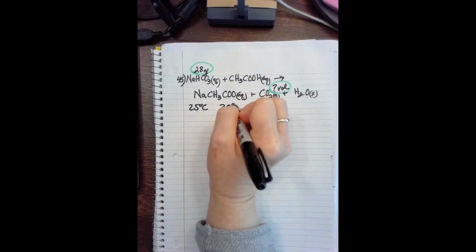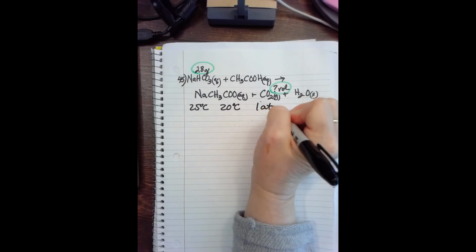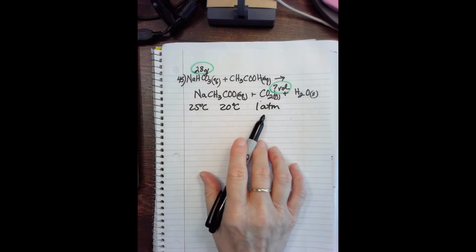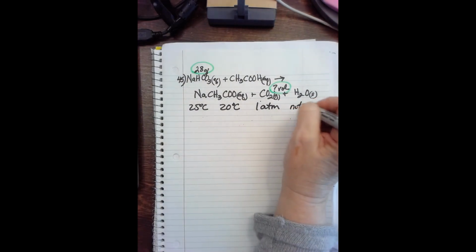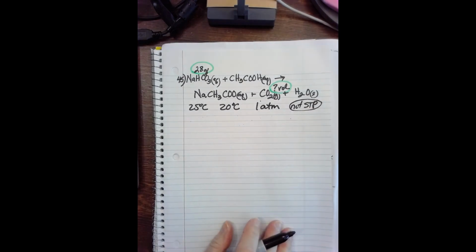So it cooled to 20 degrees Celsius, and the pressure is 1 atm. All right, and then we're asked for volume. So we've got a temperature, so not STP. Okay, so this is not at STP. So let's think about how we're going to use this information.